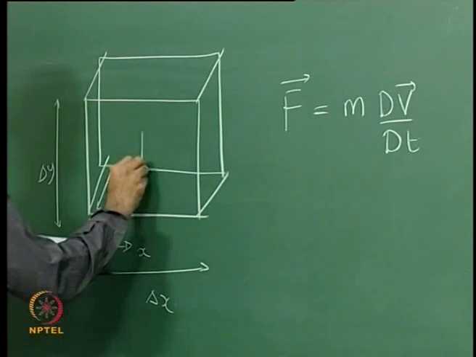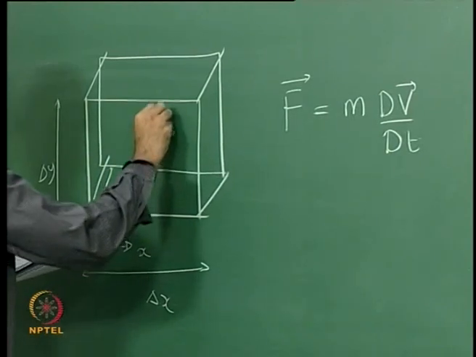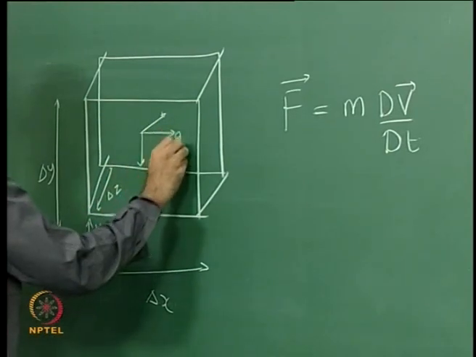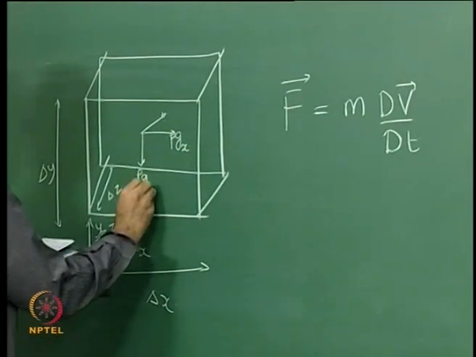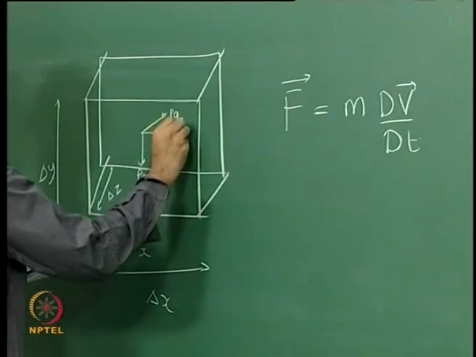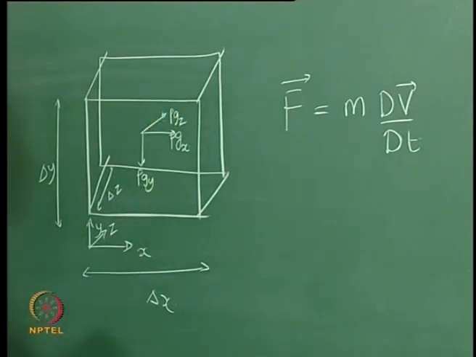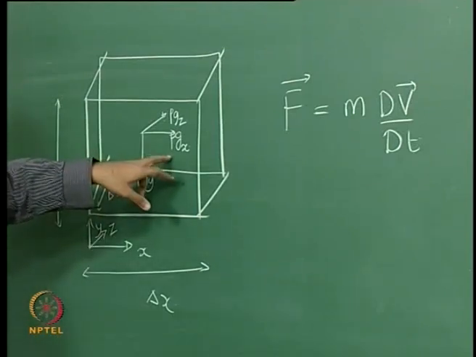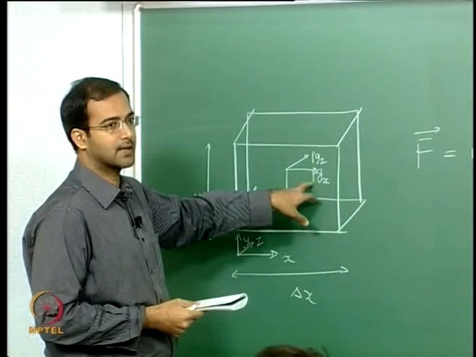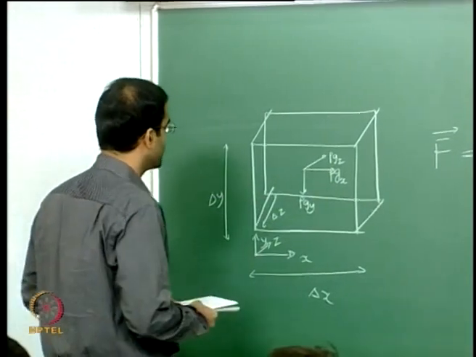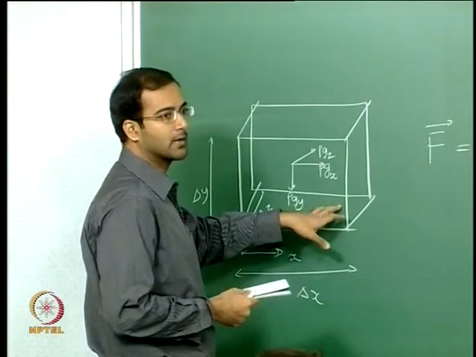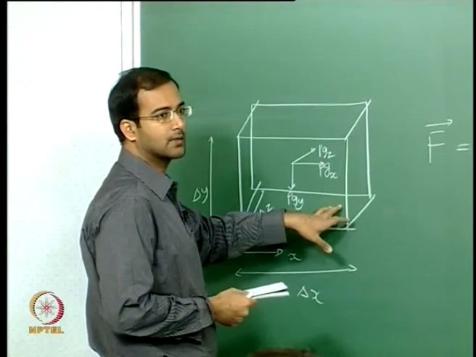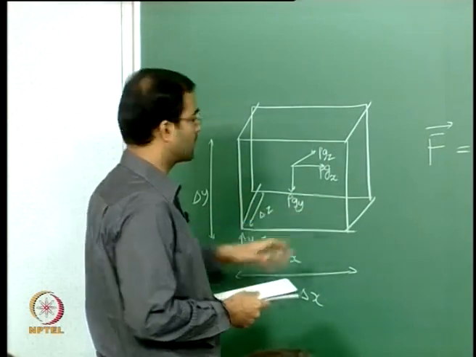The body forces acting are rho g x, rho g y and rho g z. So these are the volumetric forces, the force per unit volume, so you have the gravitational acceleration times the density. And of course when you put these forces for the entire control volume, you have to multiply by the control volume to calculate the net force on this control volume.